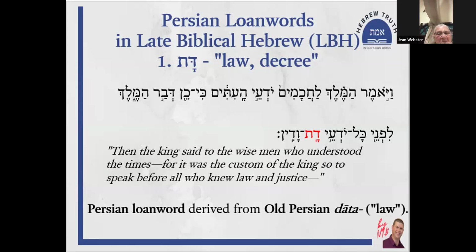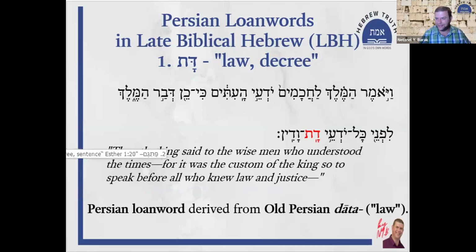Rabbi Grok, right. You don't want to get too much PC, so you go for Rabbi Grok. Okay. Very good. So that's a little bit about the word dat, which is a fascinating word.